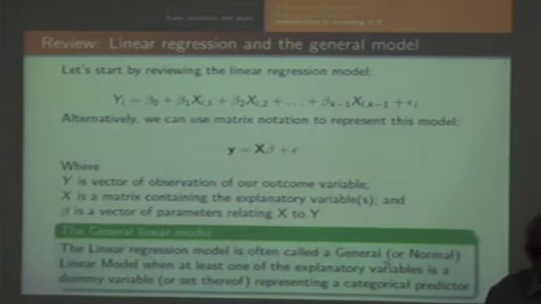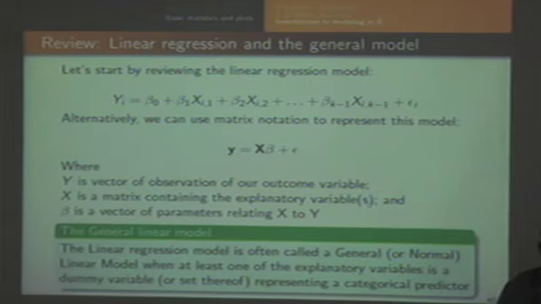Okay, very quickly, this is not a lesson in linear regression or the general linear model, but remember a general linear model takes this form, where y is a vector of observations of the outcome variable, which is generally continuous, and x is a matrix containing explanatory variables.